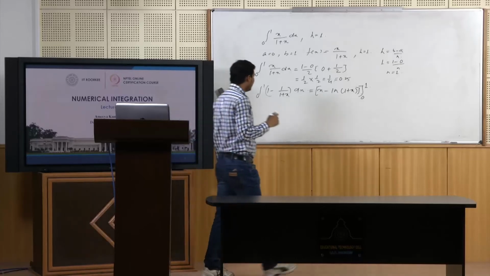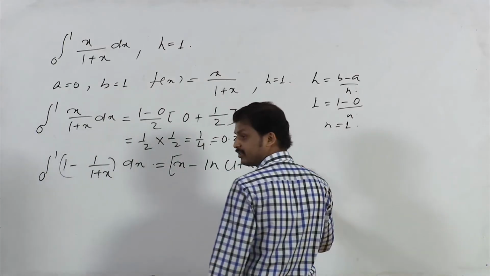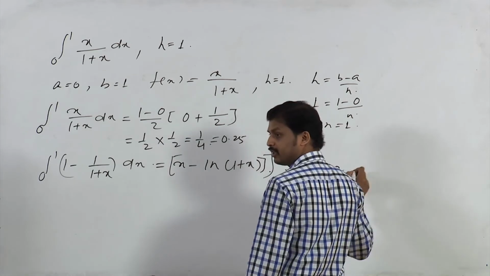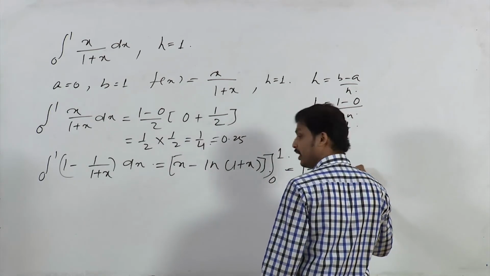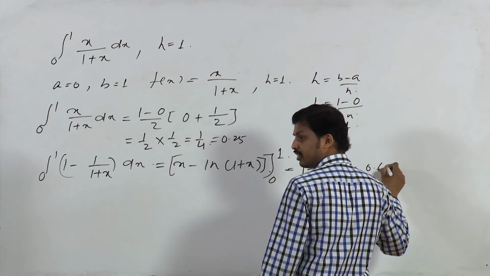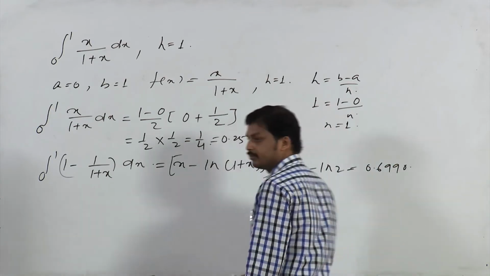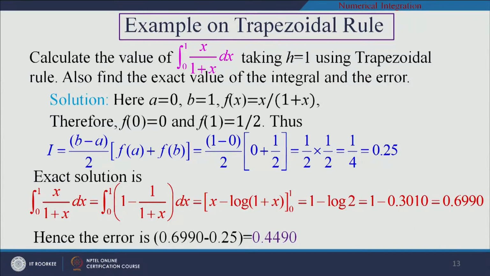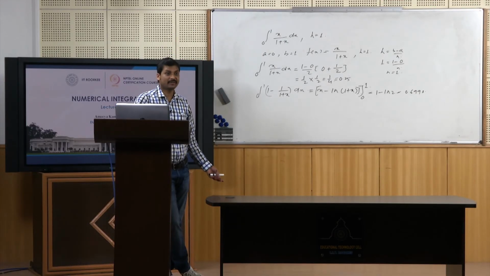So it can be written as 1 minus ln 2, and this value is 0.6990 here. If you calculate the difference, that is 0.6990 minus 0.25, the error comes as 0.4490. Since we are taking the h size to be larger, that is why this error is very high.